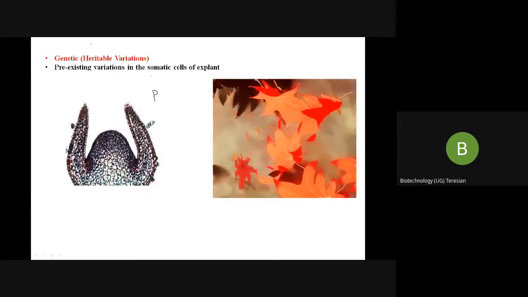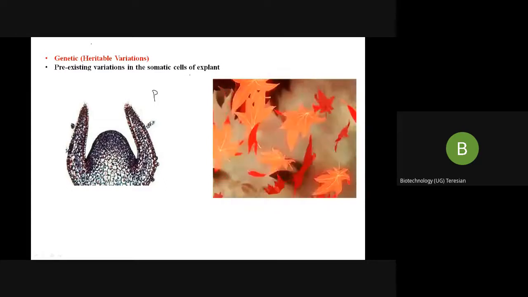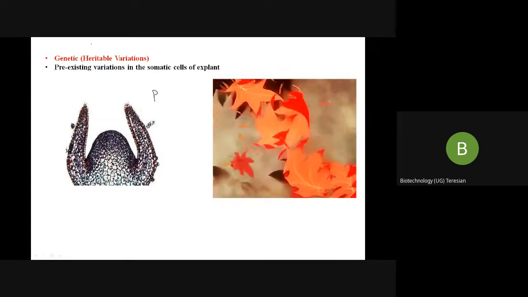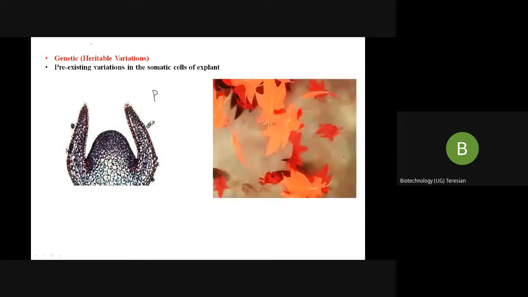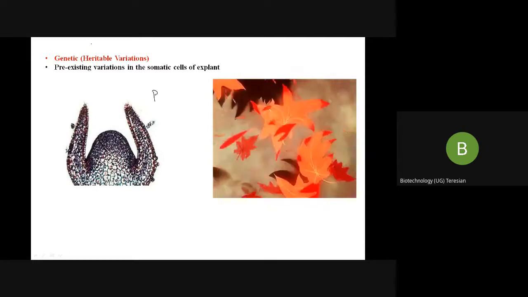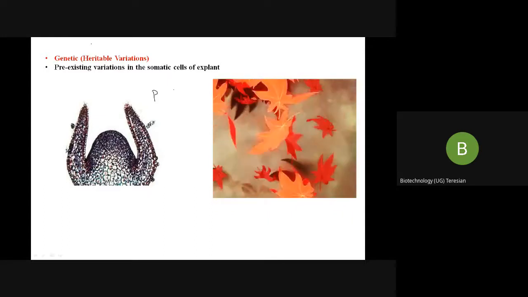So where is the variation? It is there in the somatic cells of the explant. If it is there in the gene, it means it is heritable. Because of the age of the plant, or because it is undergoing de-differentiation and re-differentiation, your plant is already having the variation.